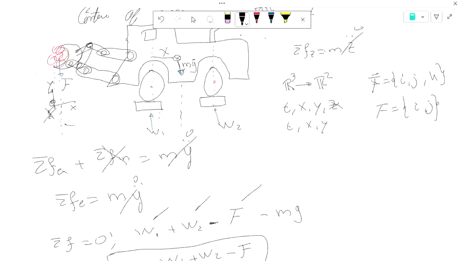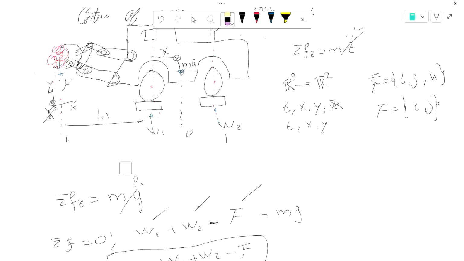So let's say up to here we have L1, and up to here we have L2. We're going to remove this because we have no information in Y. So what is the distance between your origin, which really my coordinate system should be right at the origin right here, I apologize for that.